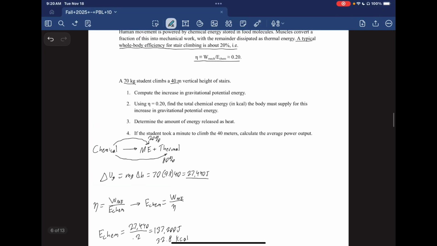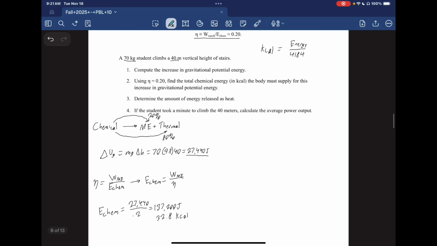And I should point out that for kilocalories, the energy divided by 4184 is the factor for changing that.